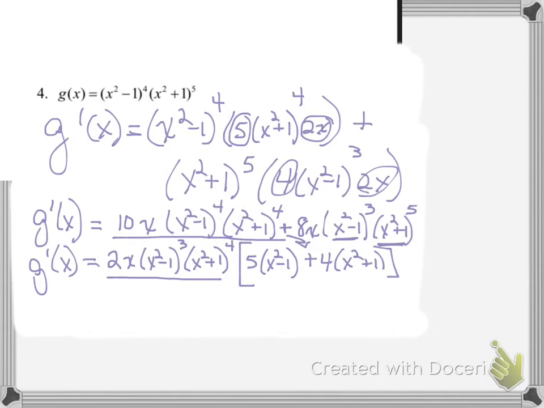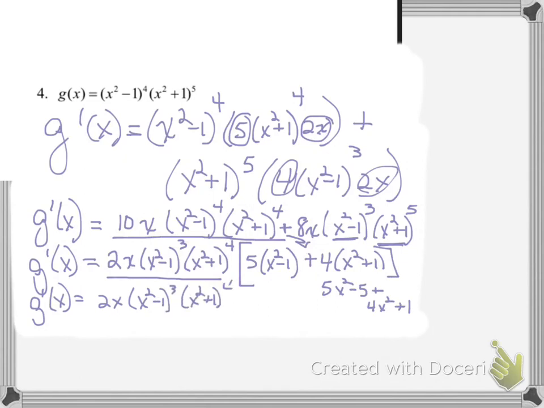When I clean up only this, I'm going to do this off to the side. That's going to be 5x squared minus 5 plus 4x squared plus 1. Okay, so now I'm going to rewrite this. This piece up here is very nice the way I have it, so I'm just recopying it.